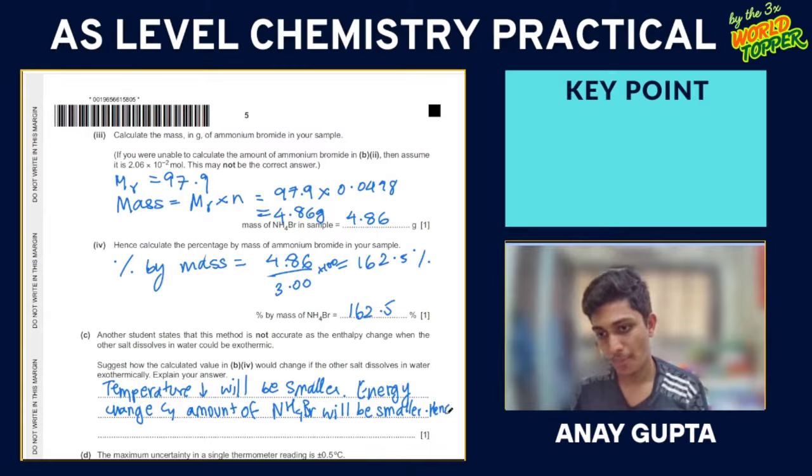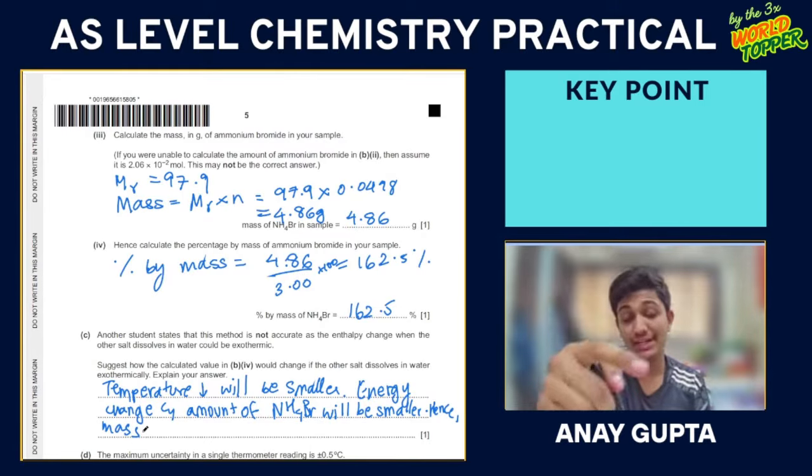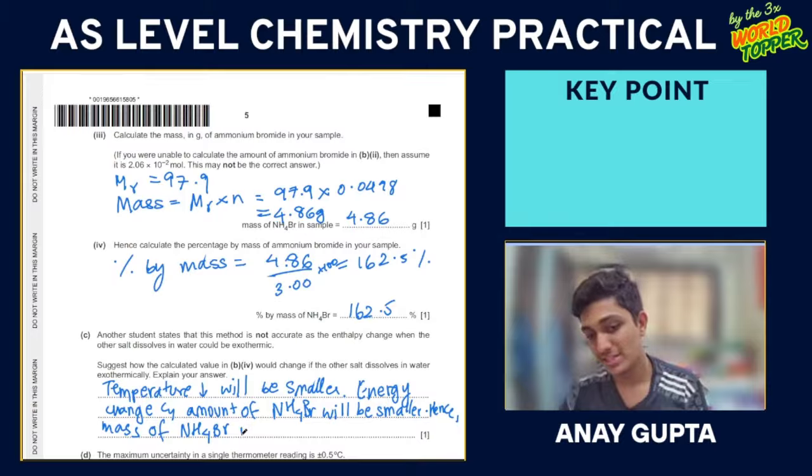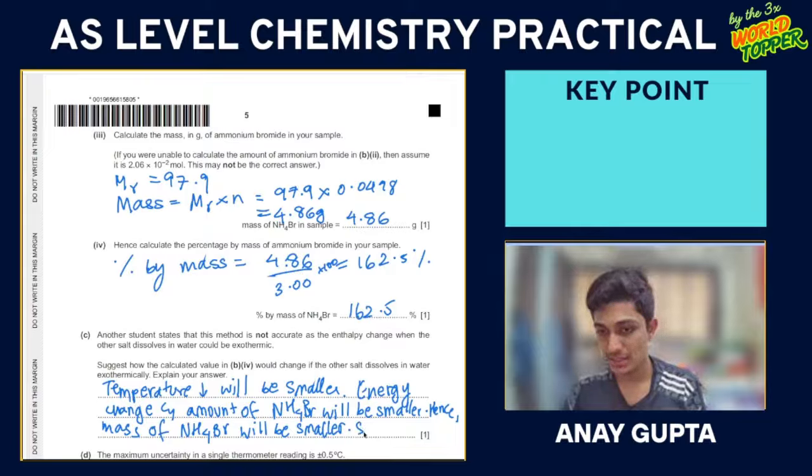Hence, mass of NH4Br will also be smaller. Right? We are just going logically in the order that they have provided us. So mass of NH4Br will be smaller. So percentage by mass will be smaller.